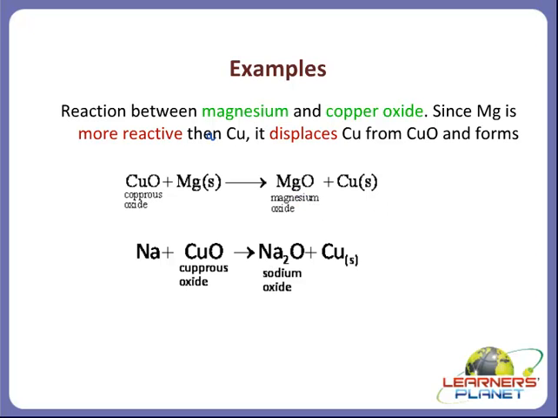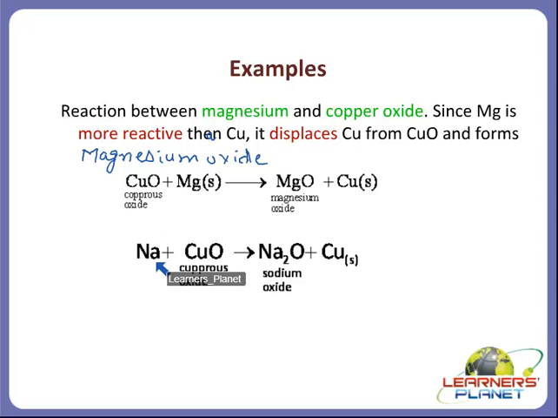So copper oxide plus magnesium will give magnesium oxide plus copper solid.